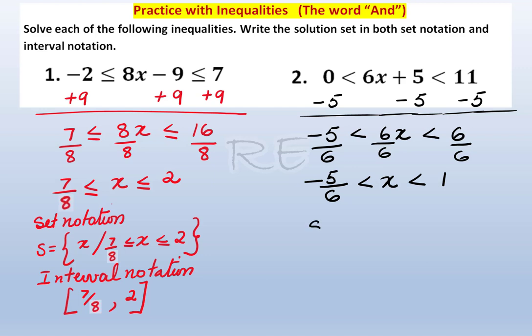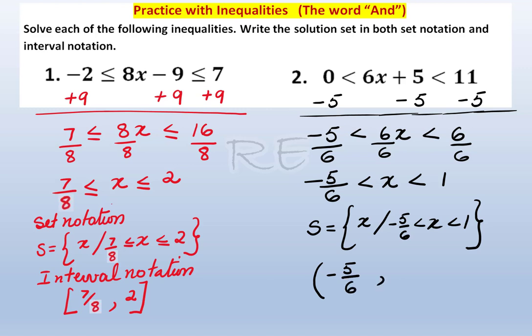Set notation. The solution is equal to the set of all x such that x is strictly between -5/6 and 1. Interval notation. Open parenthesis at -5/6, it's not included, comma. Close parenthesis at 1, 1 is not included.